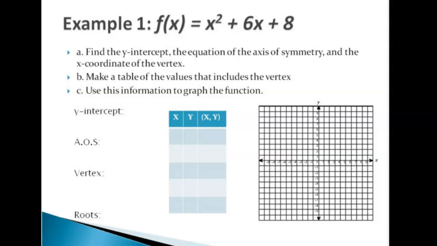So as I said, this week isn't bad, it's pretty much last week, but adding on finding the roots or solutions. The y-intercept is the c-value, in this case, 0, 8. The axis of symmetry is my h value, or negative b divided by 2a.